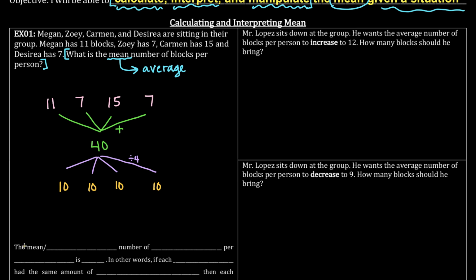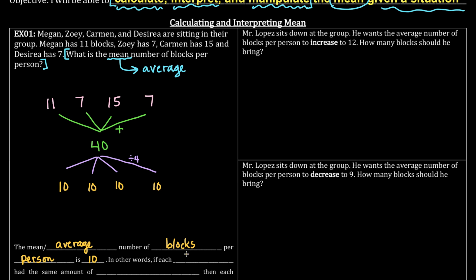So that means the mean, the average number of blocks per person is 10.